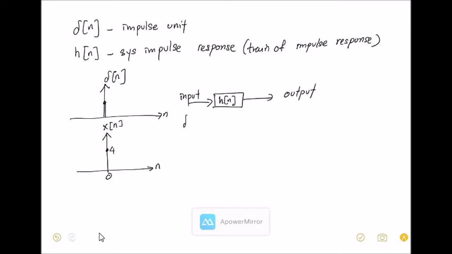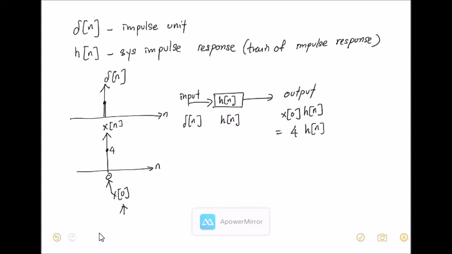So this input will be delta[n], and the system impulse response is h[n]. The output is x0, the amplitude of x0, multiplied with h[n], the system response. So from here you get 4 h[n].